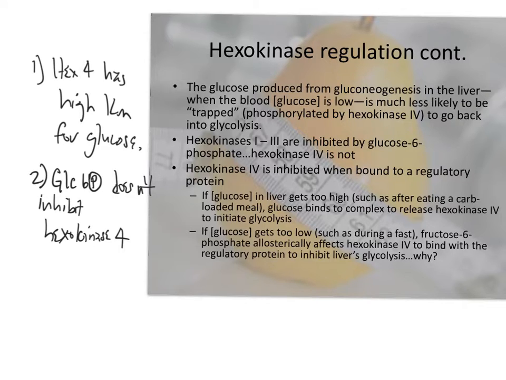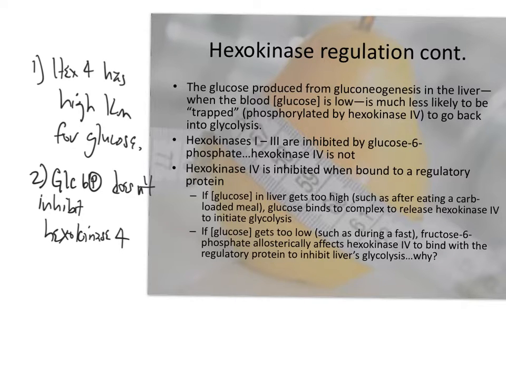But if the concentration of glucose gets too low, like in between meals, for example, then fructose 6-phosphate allosterically binds, and it affects hexokinase 4. So that way, the regulatory protein will inhibit the liver's glycolysis.